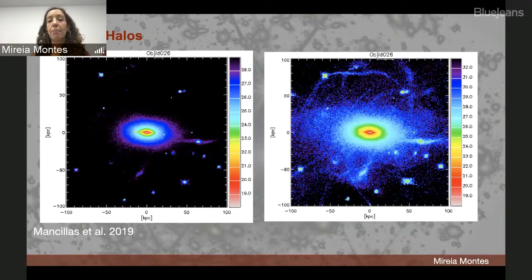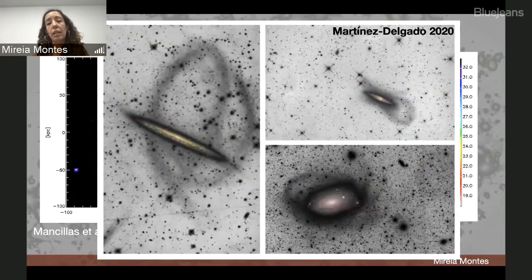By studying the amount of light in these stellar halos and the properties and the shapes of the structures within them, we can explore the low mass end of the galaxy mass function, like what I was talking about before, as well as the processes that shape the halo. So in this case, observations have taken a little bit longer to catch up with what we see in simulations, but we are starting to explore more and more of these faint structures around galaxies.